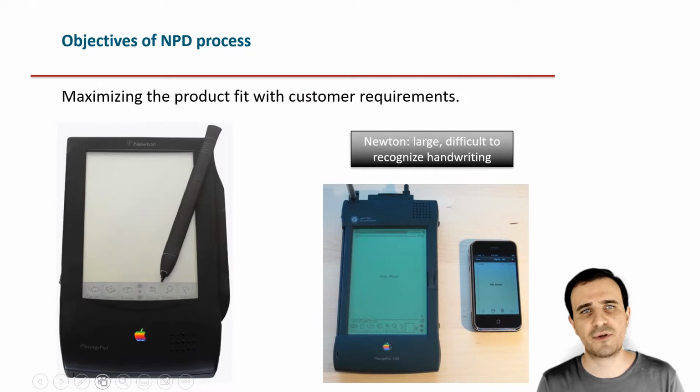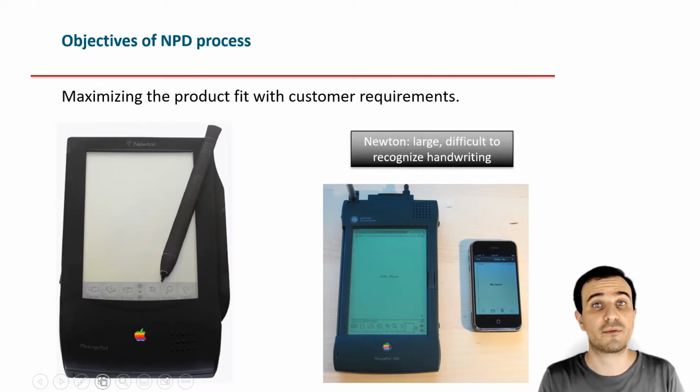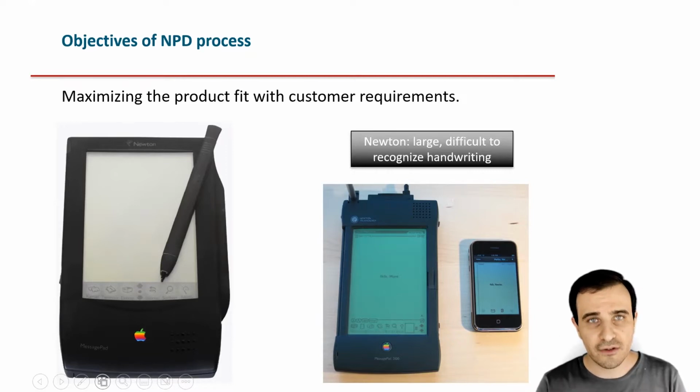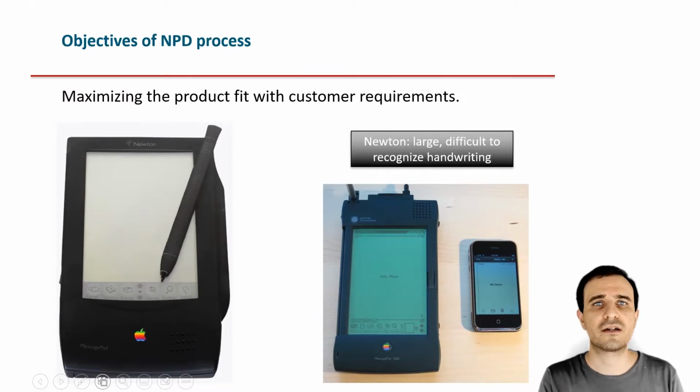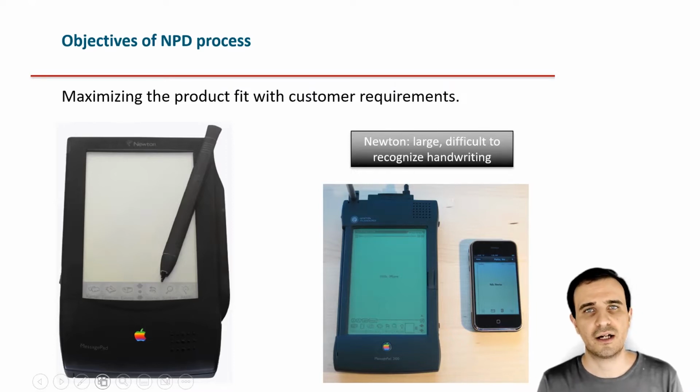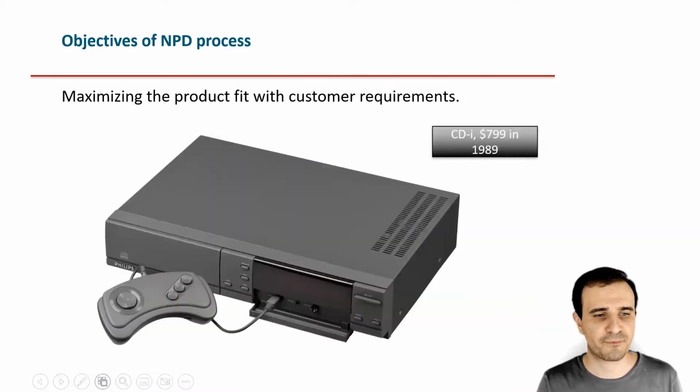Apple fixed this problem later on, but at the beginning this was an issue, and many users got this first impression. And also the screen: the very first one had a rather small screen, so this couldn't really fit the purpose of being a personal notepad and taking notes with handwriting. So this is an example of a product that didn't really meet what customers were expecting.